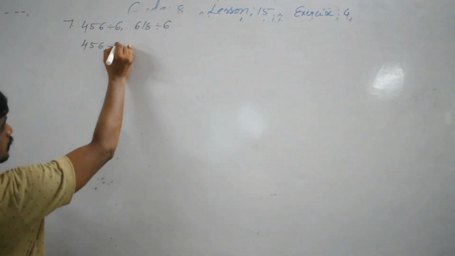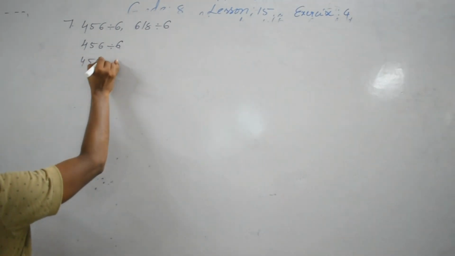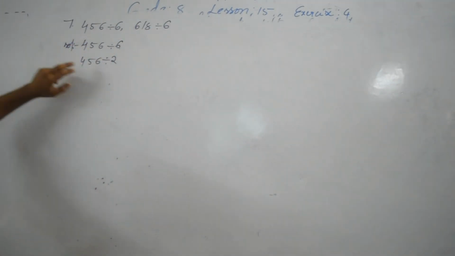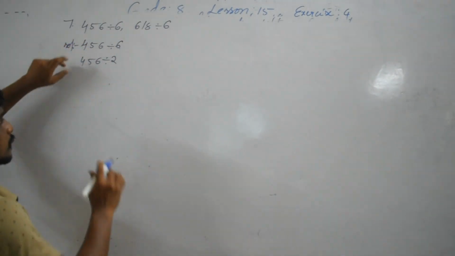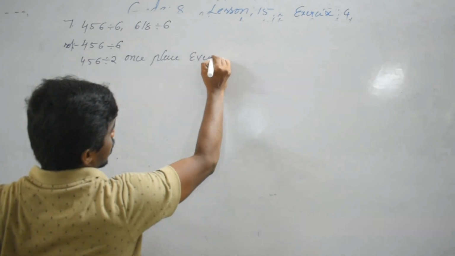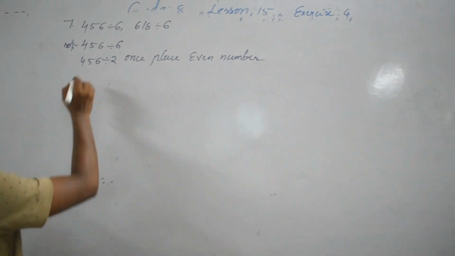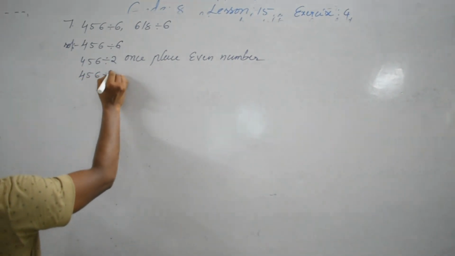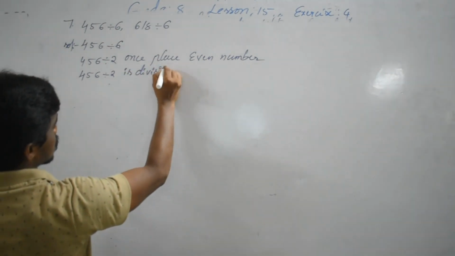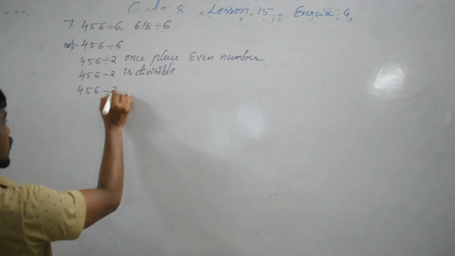So here 456 divided by 6. So 456 divided by 2. What is the 2 divisibility rule? If ones place is an even number, that number is divisible by 2. So 456 divided by 2 is divisible. Next one, 456 divided by 3.